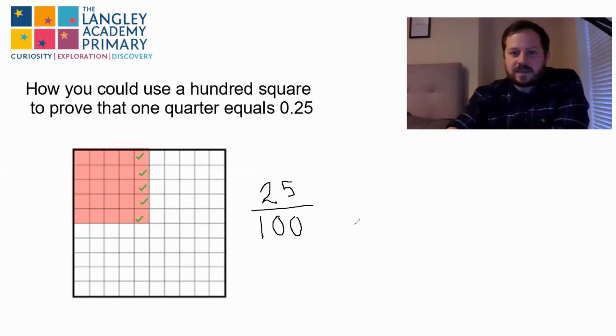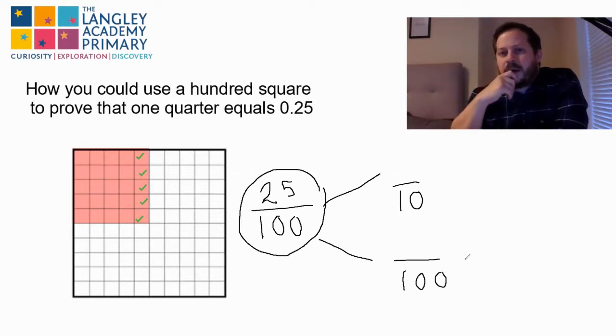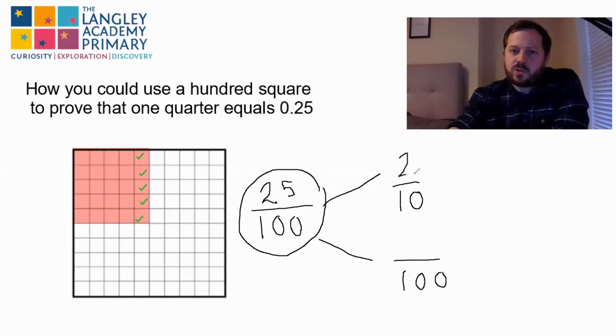Then we're going to take this and think about our part-whole model, and split this down into a number of tenths and a number of hundredths, just because this makes it easy for us to make it into our decimal. The number of tenths is the number of tens we have here, that's 2, and what is left over is just units.